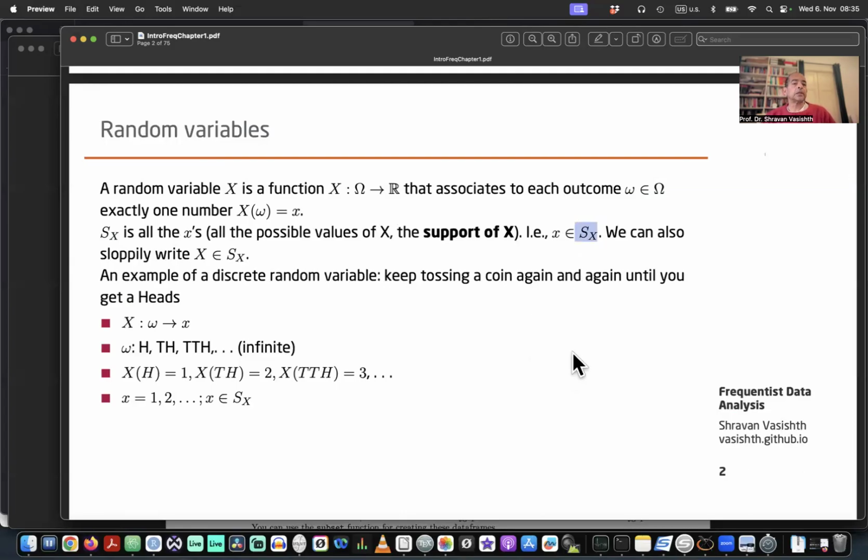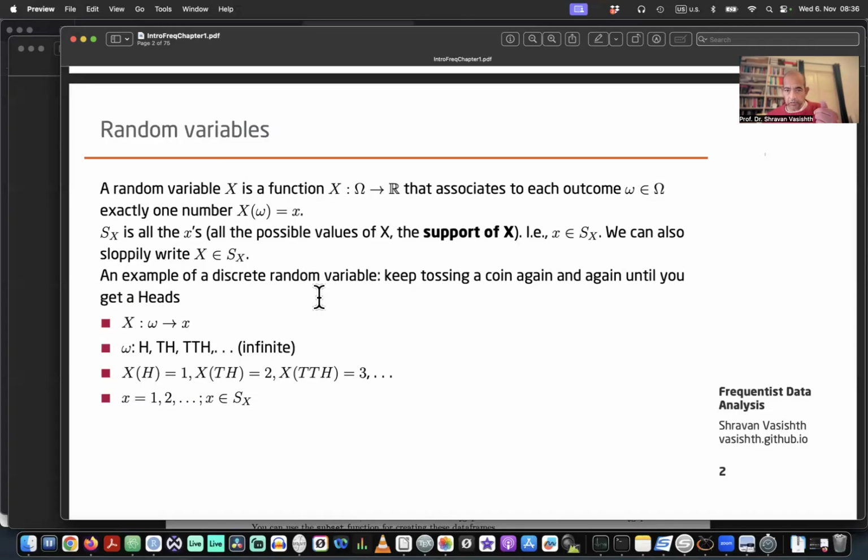Okay. So just to give you some examples, let's start with a very simple example, which is what we call a discrete random variable. Discrete is the opposite of continuous. I'm going to make that contrast very soon, so you'll see exactly what is meant by discrete. But to take a concrete example of a discrete random variable, consider the situation where you start tossing a coin successively.